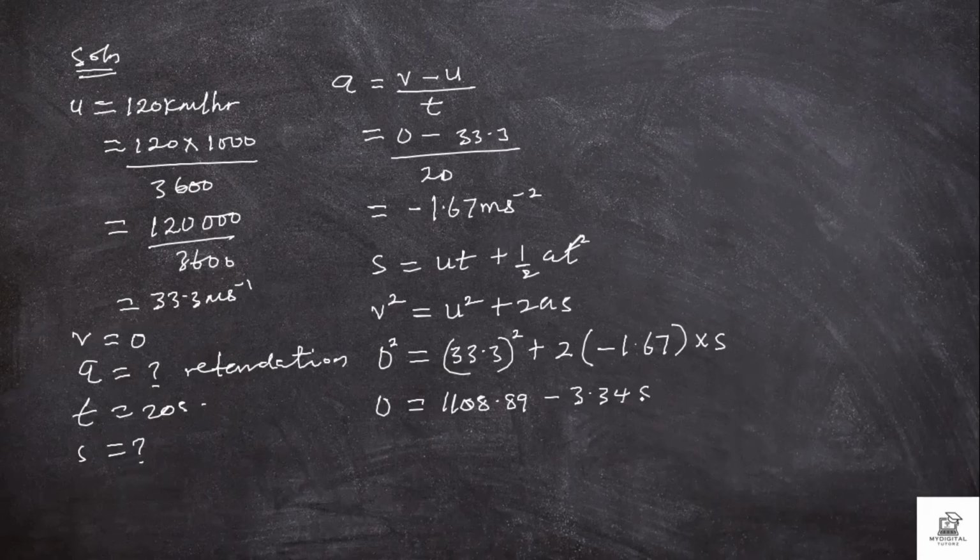Then s. So this one will cross the equality sign. I'm going to have minus 1108.89 is equal to minus 3.34 s that we are looking for. We cancel the minus, then divide both sides by 3.34.